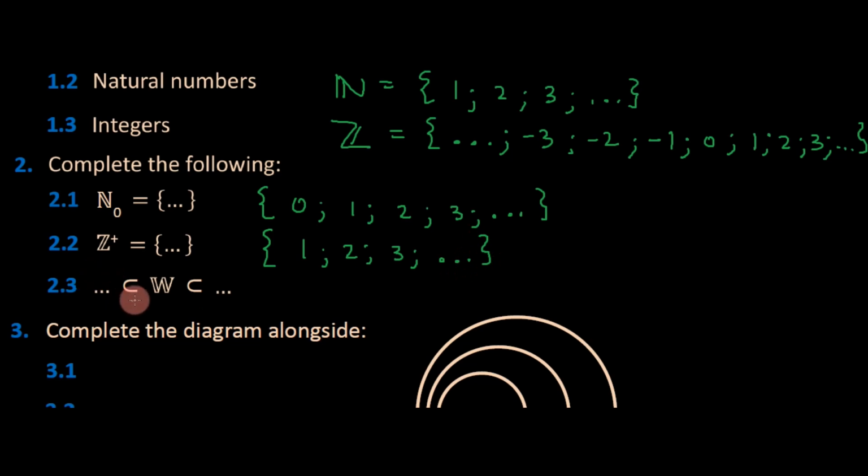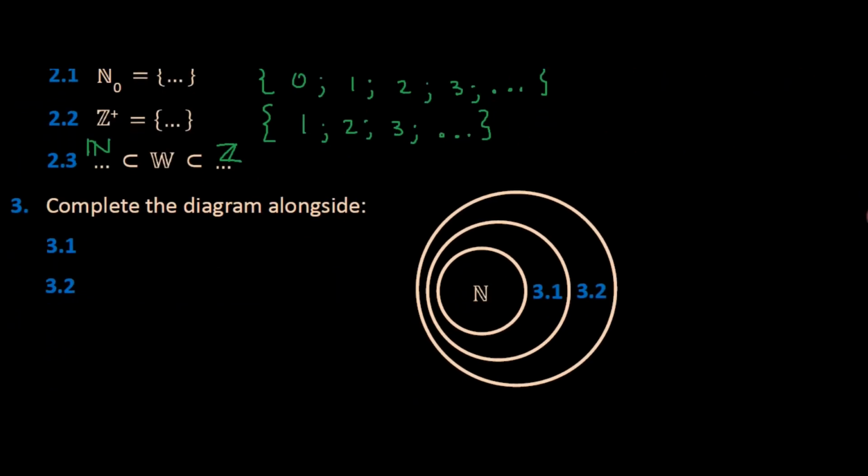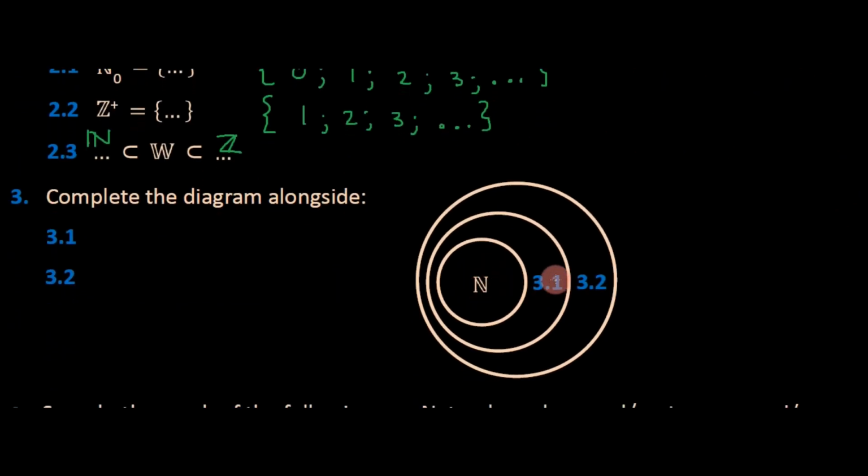Here, something is a subset of the whole numbers, which is a subset of another number system. And we know that the natural numbers form a subset of the whole numbers, and the whole numbers form a subset of the integers. The natural numbers form a subset of the whole numbers, so W, and the whole numbers form a subset of the integers.